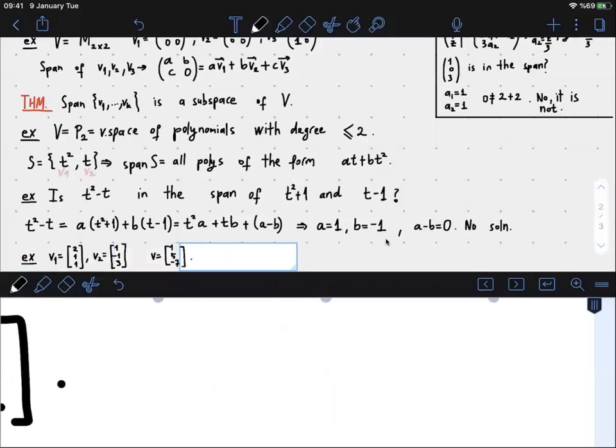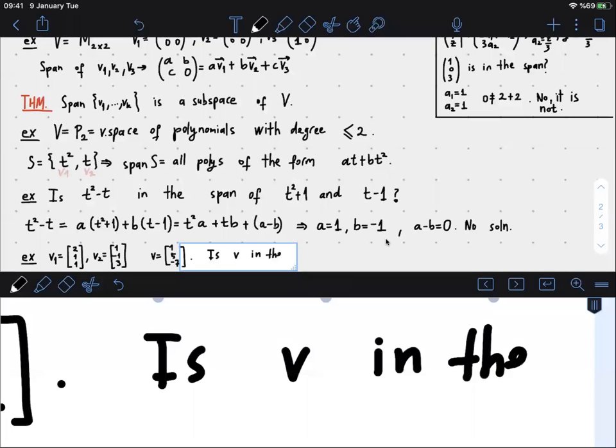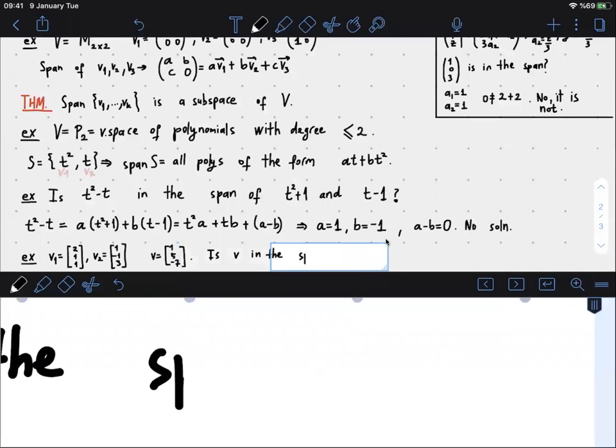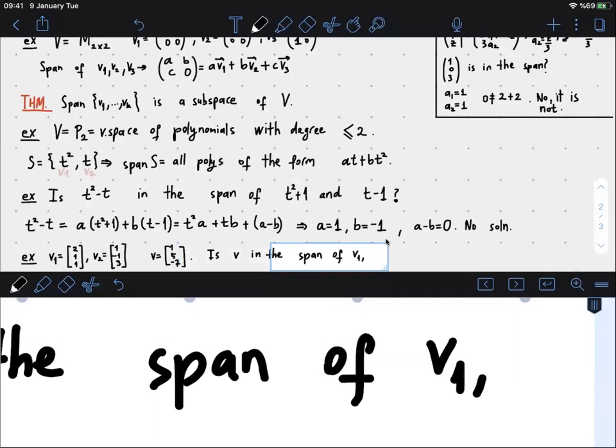So the question is this: is v in the span of v1 and v2? Please try to think about this for a minute and then we will talk.